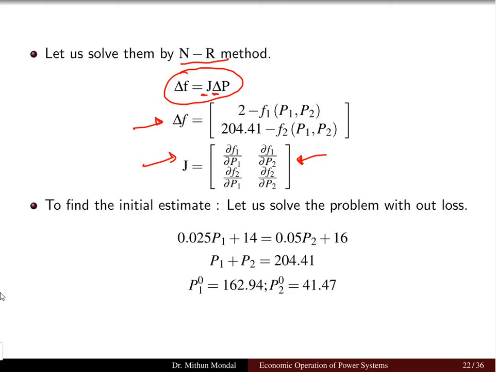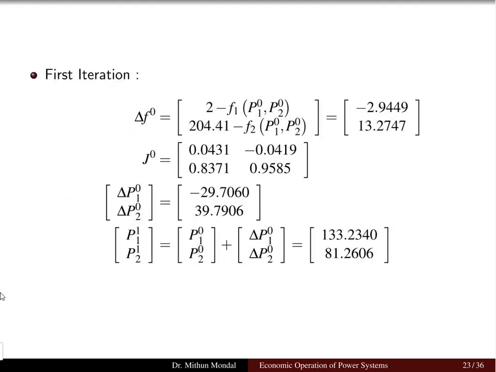If we take the initial estimate, we can substitute that in the expression and take the initial estimate of P1 to be 162.94 and P2 to be 41.47. Now this estimate we can put in the iterative solution to find the Jacobian matrix and the updated value of delta P. So delta P we can add to the initial values of P to get the updated value of P. So this is the optimal value.